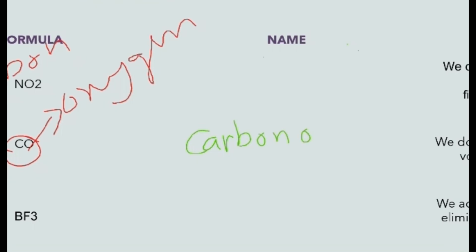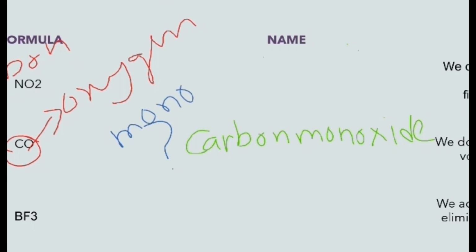So the compound name will be carbon monoxide. Note that we did not add mono in front of carbon because this is the first element, but we did add mono in front of oxygen. Another important thing to notice is why we did not write monooxide but wrote monoxide.